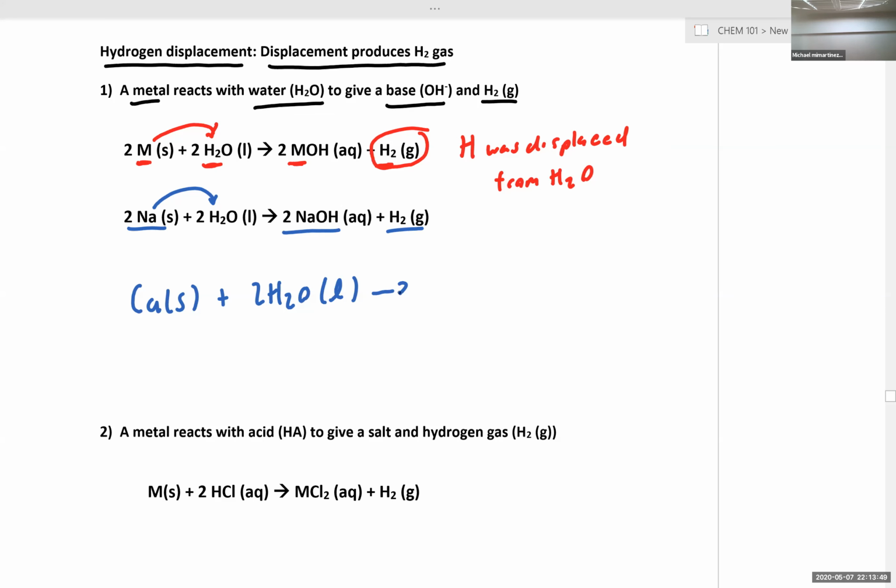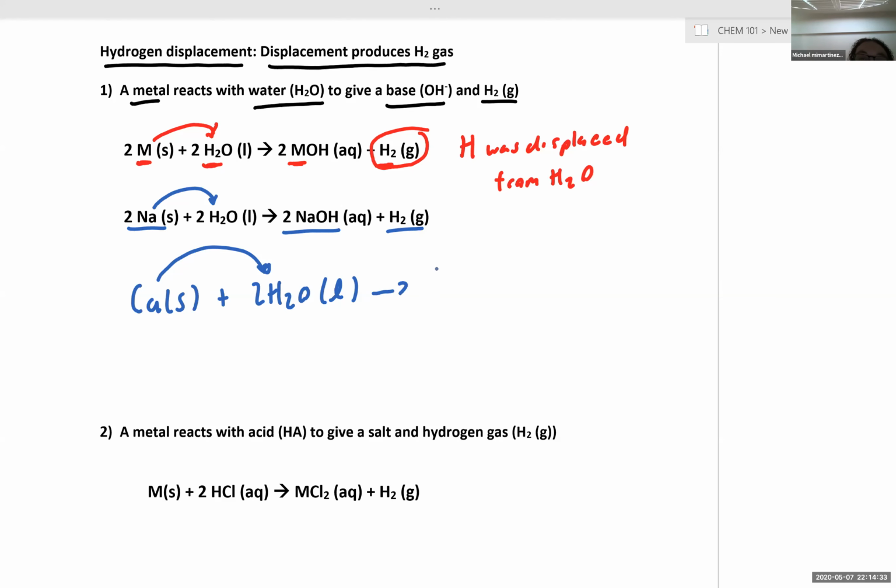What products would we expect if calcium displaces hydrogen?